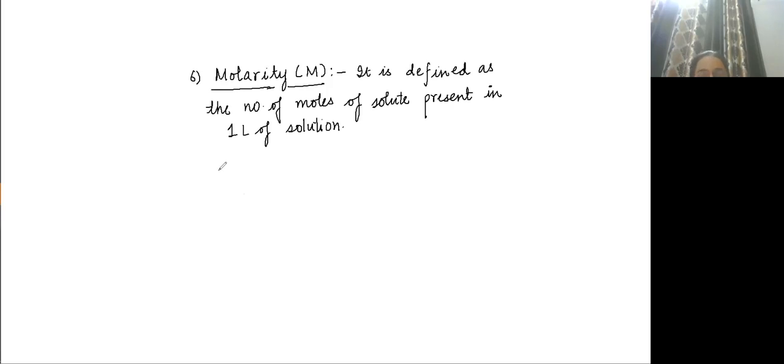So what is molarity? Molarity is moles of solute divided by volume of solution.